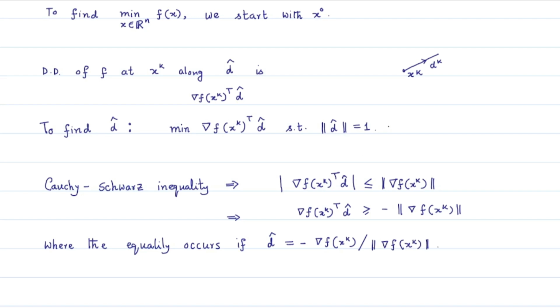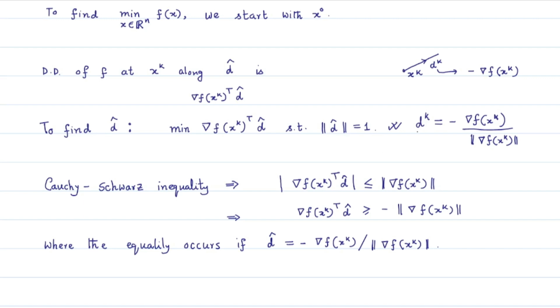Hence a solution to this problem is the direction dk, which is the unit direction along the negative gradient. So the negative gradient is the direction of most rapid decrease of the function f.